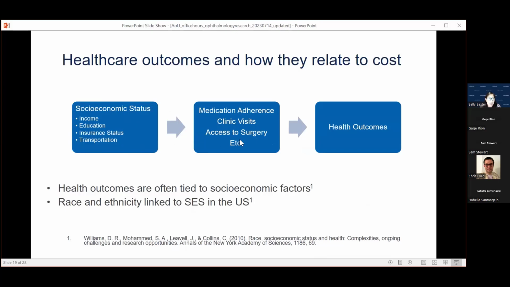And all of these factors will influence how well someone will be able to take their medication, how they can access clinical care, as well as being able to go to surgery and manage the transportation needs after that, and so forth. And of course, their care processes will be associated with health outcomes. So there's this pathway, and I think understanding some of these socioeconomic factors may be as important, or in some cases more important, than understanding the biological factors in terms of risk of disease progression.